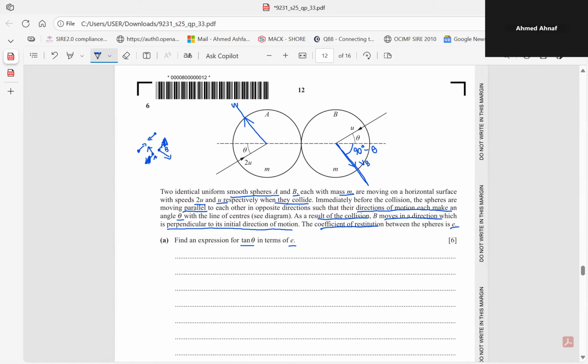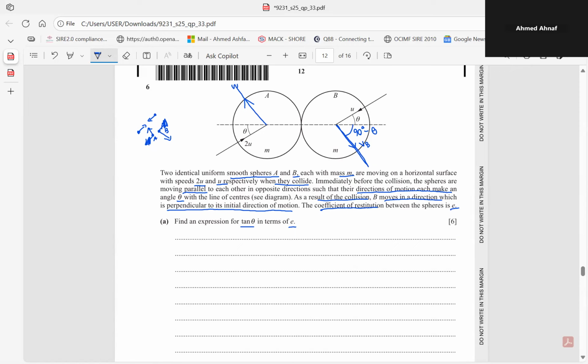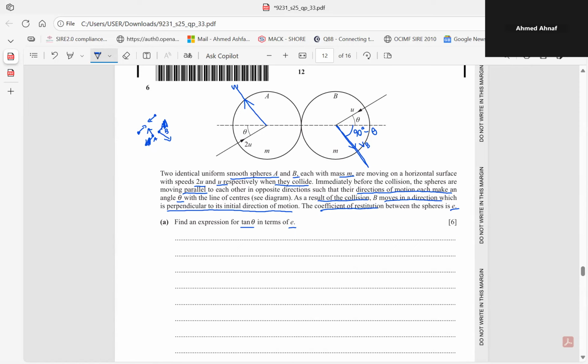Okay, what do we now do? All right, so let's focus on B first. The first thing to note is that the vertical component of the velocities does not change before and after collision. So this is u sine theta, and this is VB sine (90 degrees minus theta).